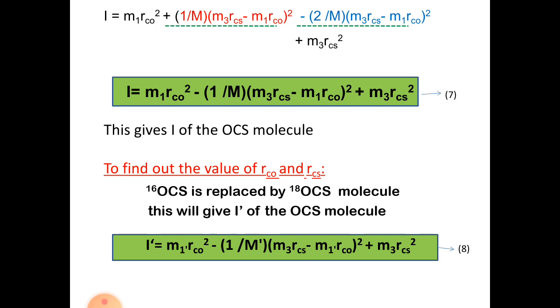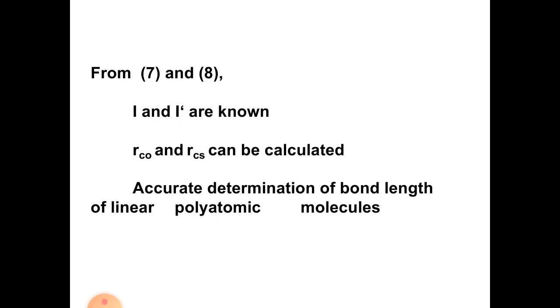Therefore, the moment of inertia of the isotopic molecule I dash is equal to M1 dash RCO square minus 1 divided by M dash into M3 RCS minus M1 RCO the whole square plus M3 RCS square. This is equation number 8. See equation 7 and 8.